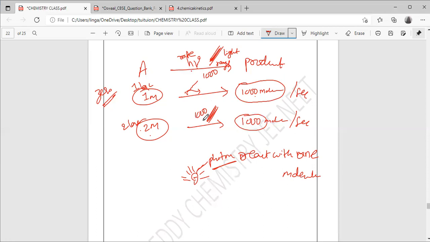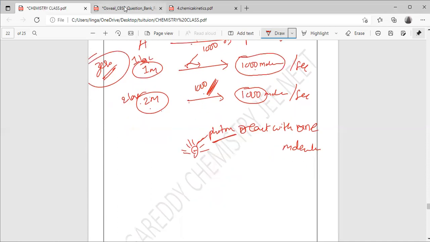So in which reactions the rate does not depend on the concentration, those reactions are called zero order reactions. Generally these are carried out in the presence of light.